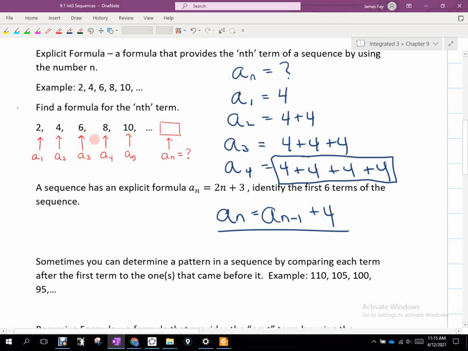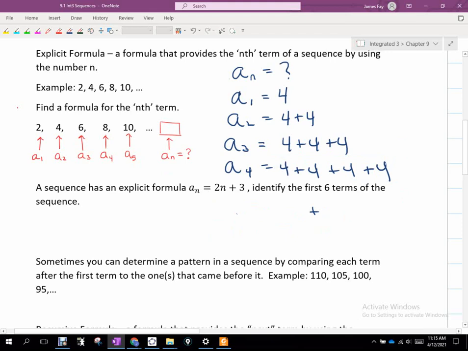Now, you told me that you were seeing, okay, when I write this list out, a to the 5th is 4 plus 4 plus 4 plus 4 plus 4, right? How does this number here relate to the times that you see 4 being added together?